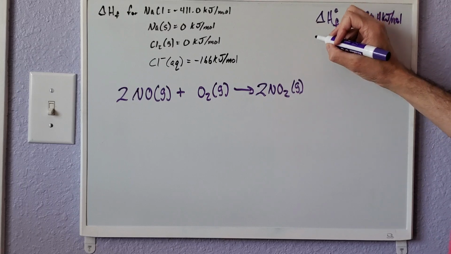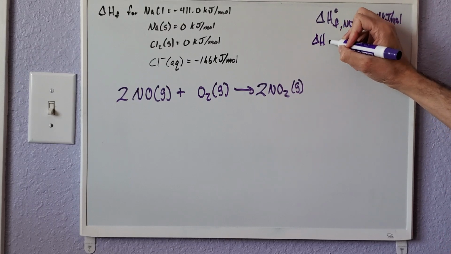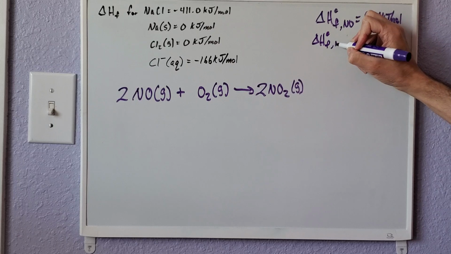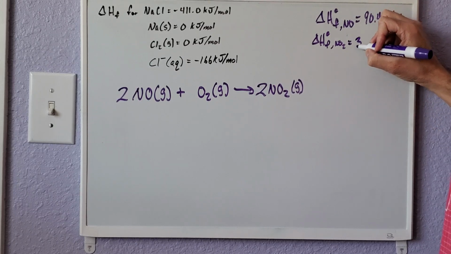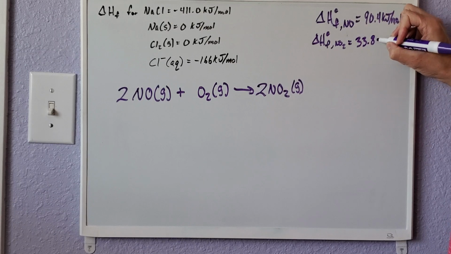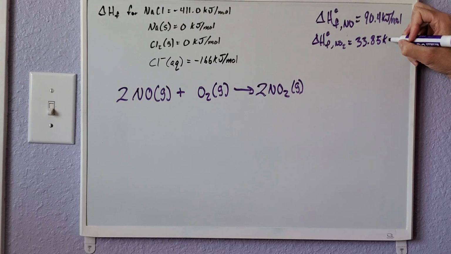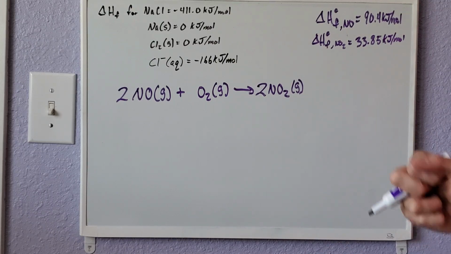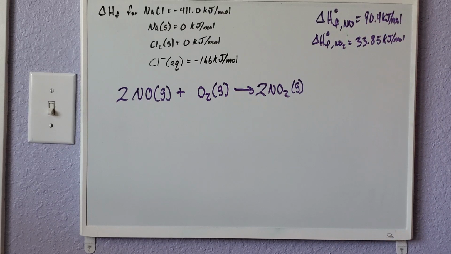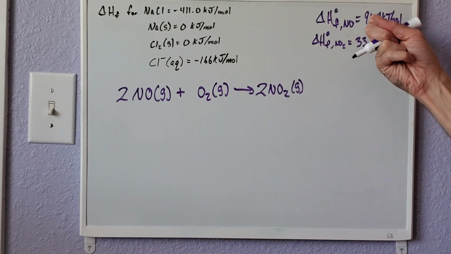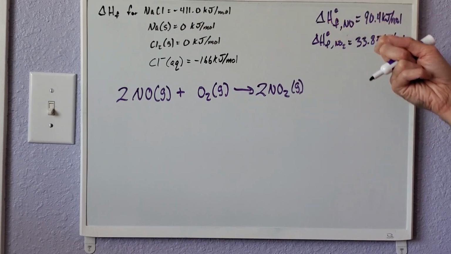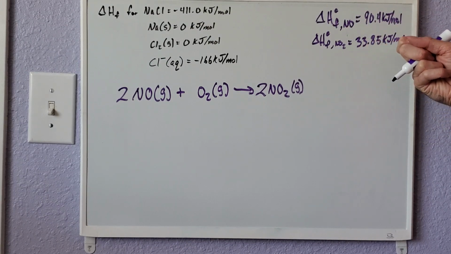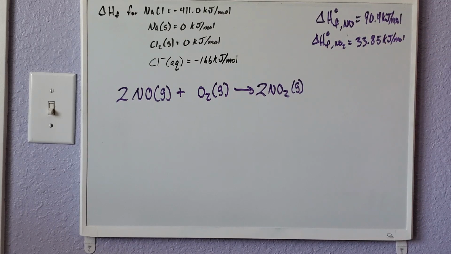And the delta HF of your NO2 is going to be 33.85 kilojoules per mole. So one thing you have to understand about these kilojoules per mole is that this is 90.4 kilojoules per 1 mole of nitrogen monoxide, and this is 33.85 kilojoules per 1 mole of the nitrogen dioxide.